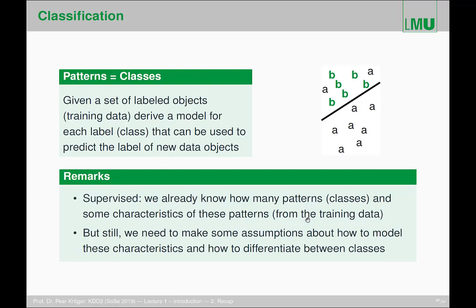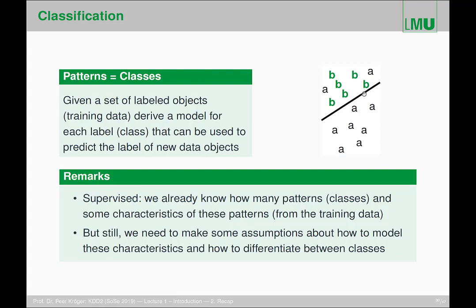We want to derive a model for each label, for each class, that can be used to predict the label of new data. So for example here you have the training data where you know those guys here are the A's and those green ones are the B's. So two classes A and B, and you want to derive a model where you can say if a new instance comes in, it's either an A or a B automatically.